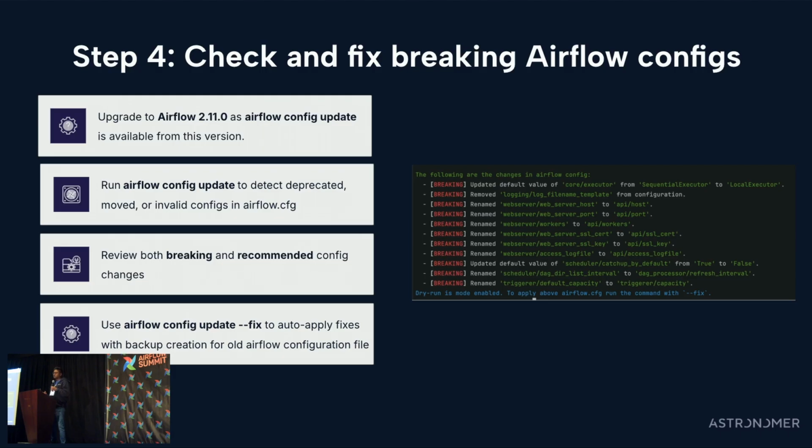Certain config changes are breaking, but certain config changes are good to have. When you run airflow config update on your CLI, it shows a list of all deprecated, moved, or breaking changes, and then you could review those changes, and then finally run airflow config update --fix, which would fix all the breaking changes for you. And before doing that, it would also take a backup of the old configuration files.